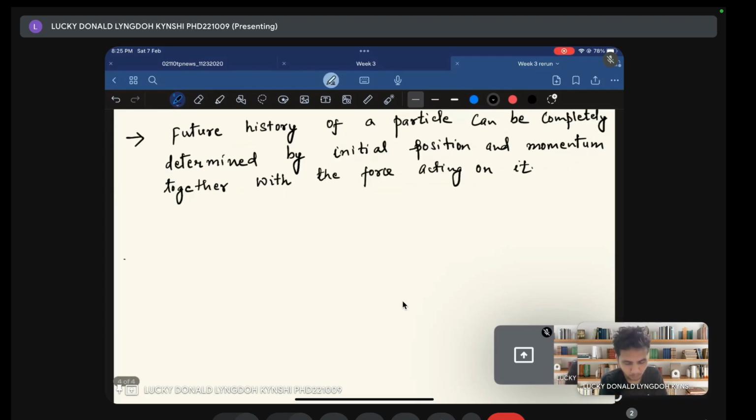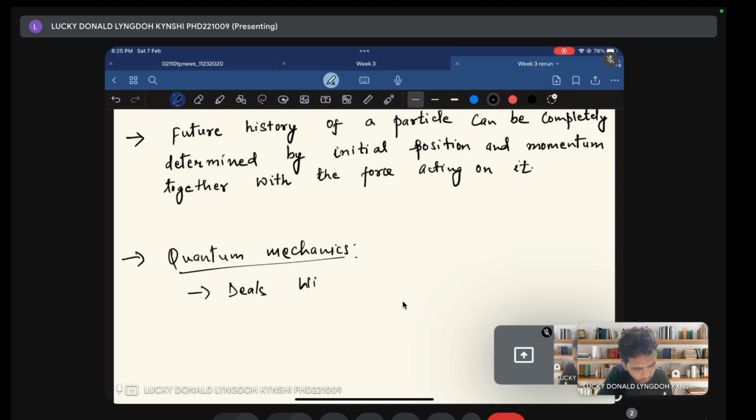But according to quantum mechanics, what happens? Quantum mechanics deals with probabilities. I'll give you an example, like Bohr's radius.